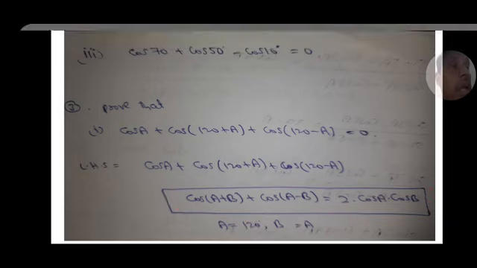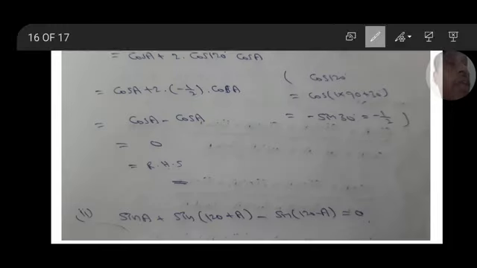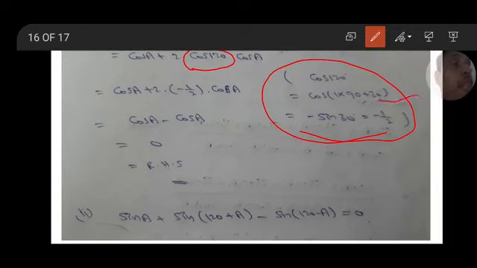Substituting in this formula and simplifying, we have to find cos 120. Cos 120 equal to minus 1 by 2. Substituting minus 1 by 2, simplifying, 2 cancels, we get cos A minus cos A, that is 0.